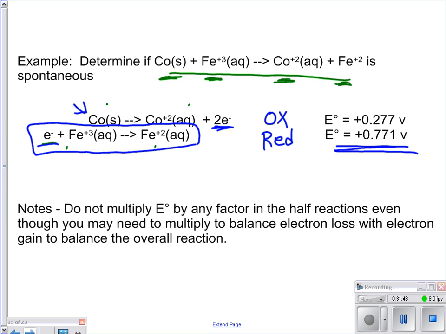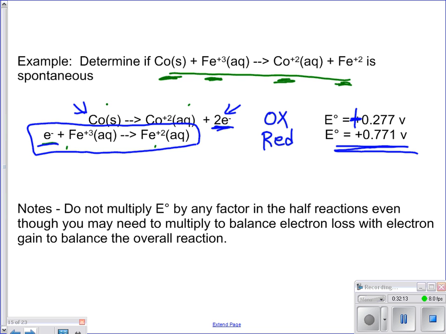Instead, it's going to look flipped. You're going to see the Co plus 2 electrons yields your Co. So in order to write this down and flip it to make it be that oxidation, you also had to flip the sign. So it was a negative value on your reduction potential table. You flip it and make it positive because you've changed it from reduction to oxidation, so you've changed the sign as well.